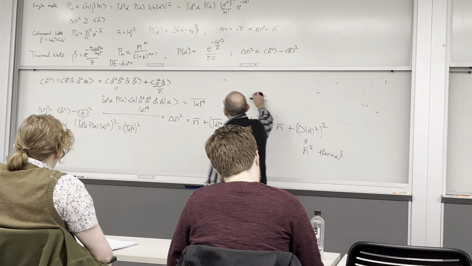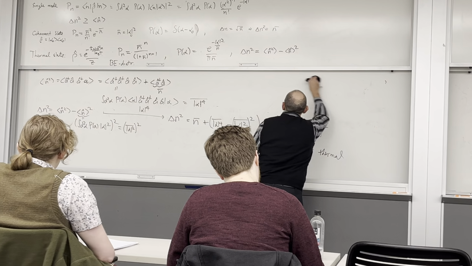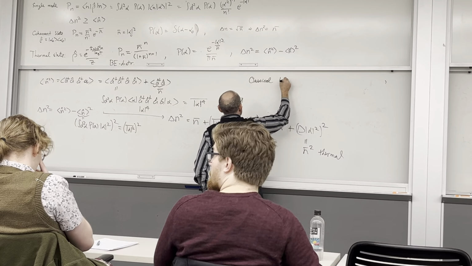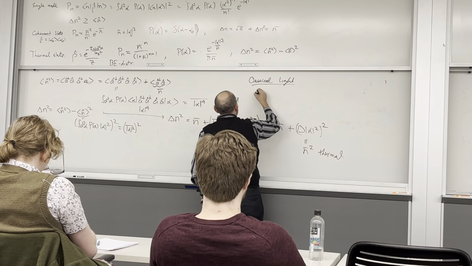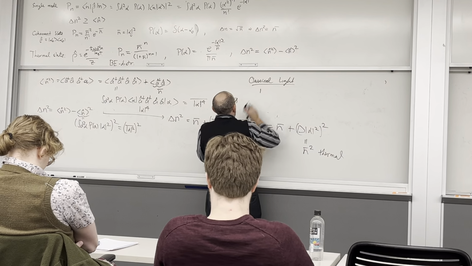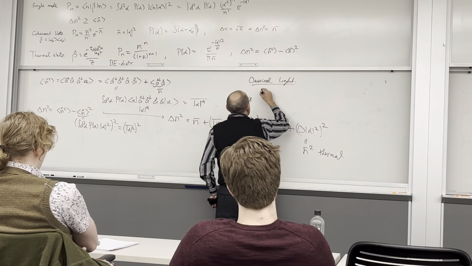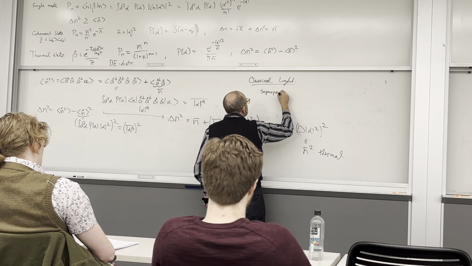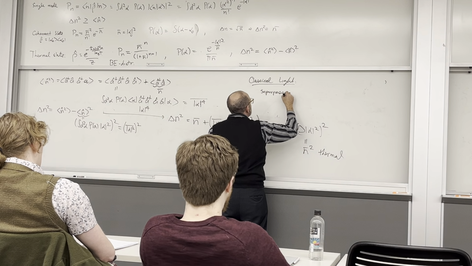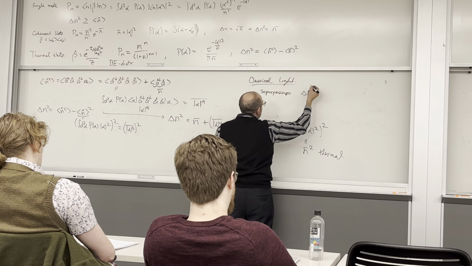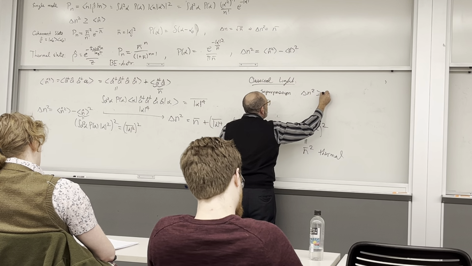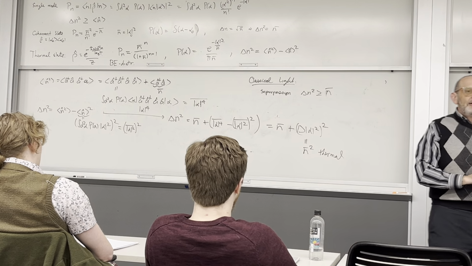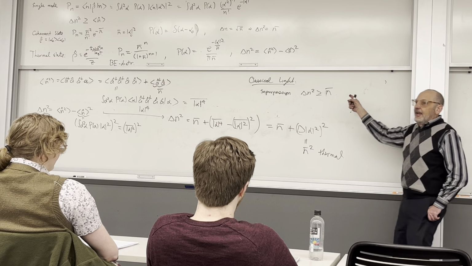So one of the signatures of classical light is super-Poissonian statistics. It could be Poisson as well, but the fluctuations, the variance, can never be less than that.